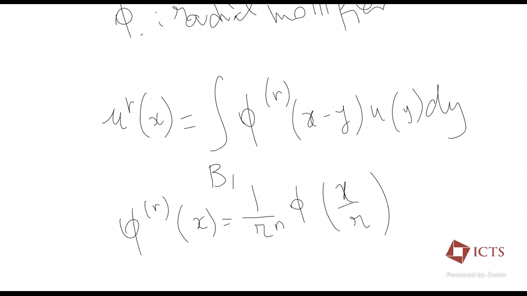But of course, it does not satisfy the constraint, so you cannot use it as a competitor. However, for sure, it's a smooth function. It's a nice function, because you are basically convolving.